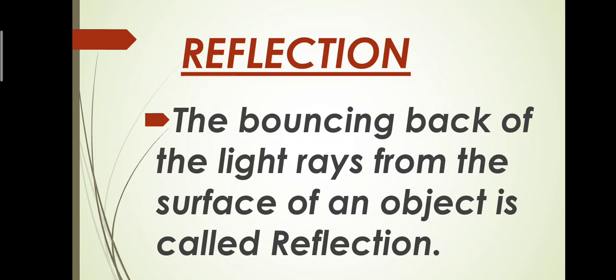For example, if you switch on a torch light and point it in front of a mirror, what will happen? The light from the torch hits the mirror and some light rays will reflect back. This bouncing back of the light rays is called the phenomenon of reflection. The phenomenon is called reflection, and we say that light is reflected.